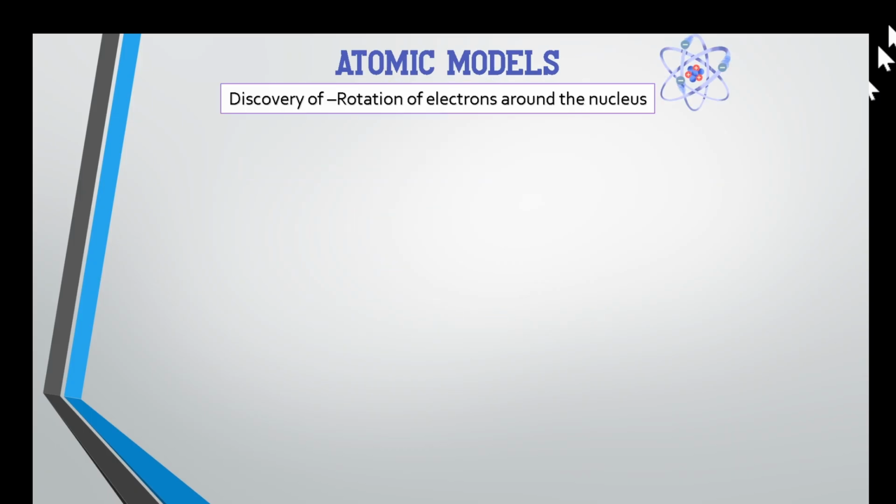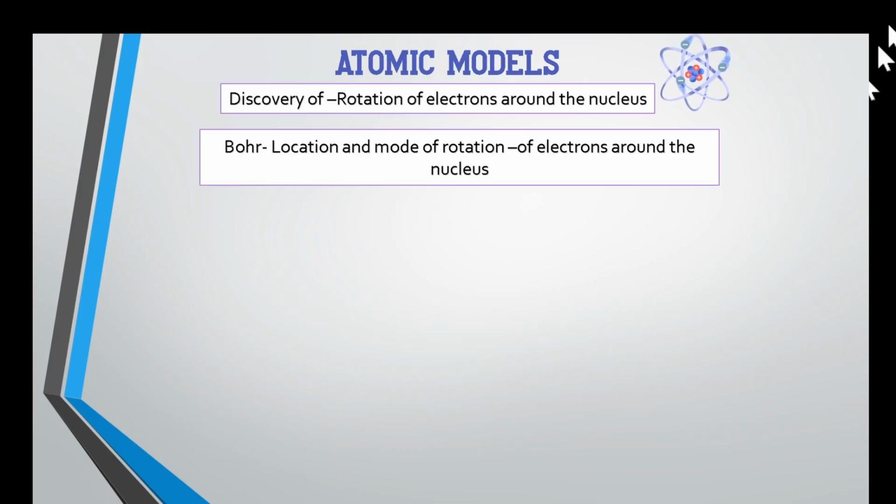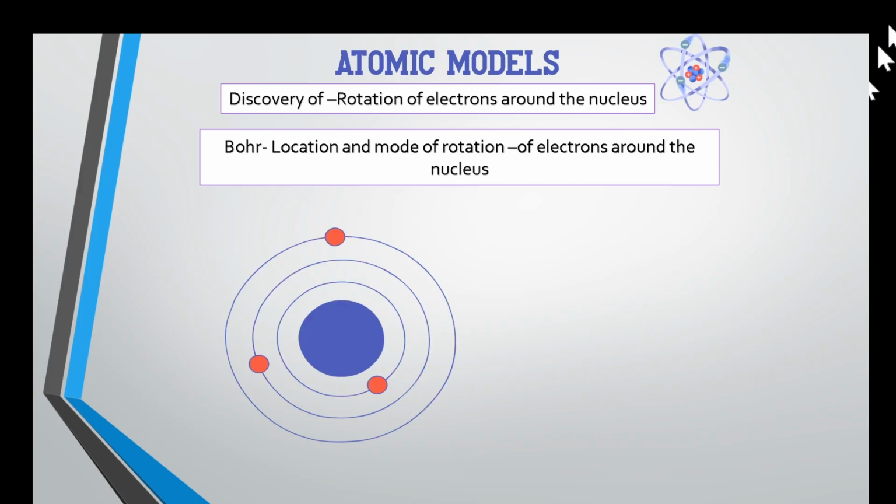Lastly, coming to the discovery which Bohr stated, the rotation of electrons around the nucleus. Now we know that the electrons are revolving in fixed circular orbits, and these orbits were called energy levels or energy shells. These can be compared to the movement of the planets around the sun.